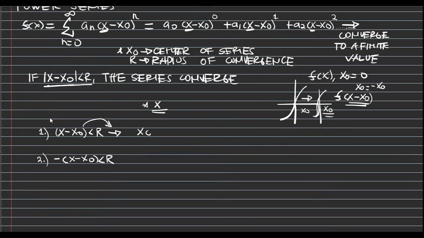X is less than x sub 0 plus r. And then dito sa pangalawa, i-divide ko muna both sides by negative 1. X minus x sub 0 greater than negative r. Saka ko ngayon ilipat si x sub 0 sa right side. X is greater than x sub 0 minus r.